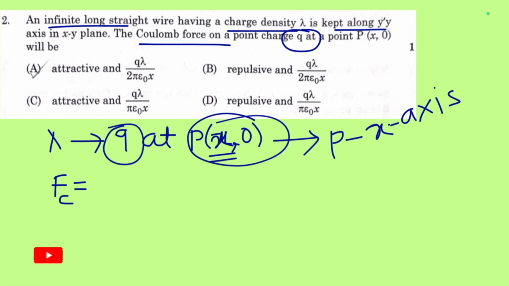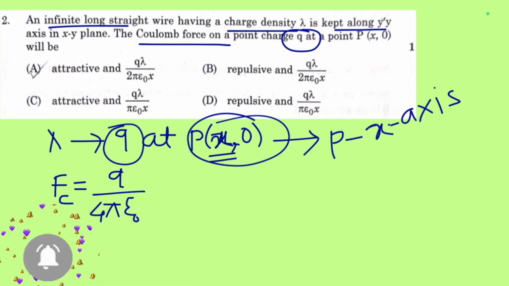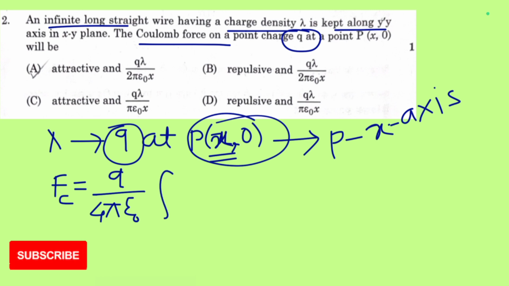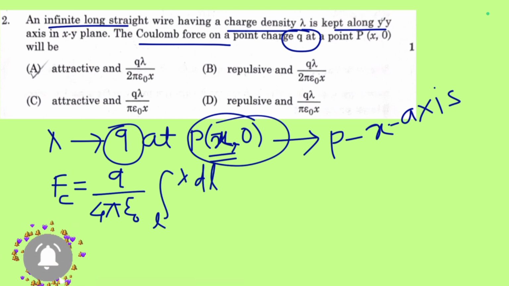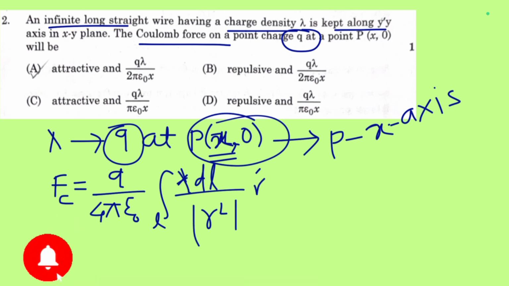So for this we have a direct formula basically. What is that particular direct formula? For a long straight charged conductor, the formula is q divided by 4 pi epsilon naught, and the integral of lambda dl upon r square. Now what is the direction of the r vector or distance vector?